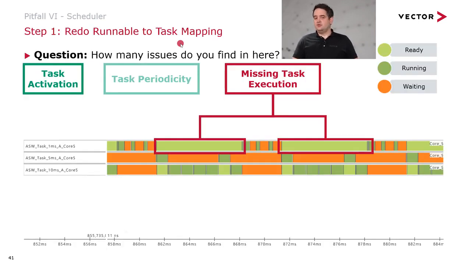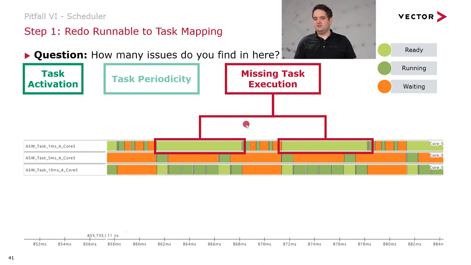So let's deal with the first issue. Let's do a little bit of regrouping. Let's now assign all the 1 millisecond runnables to the 1 millisecond task, the 5 millisecond runnables to the 5 millisecond task, and the 10 millisecond runnables to one task. This immediately seems to be beneficial for our project. You see this in a way clearer way now.